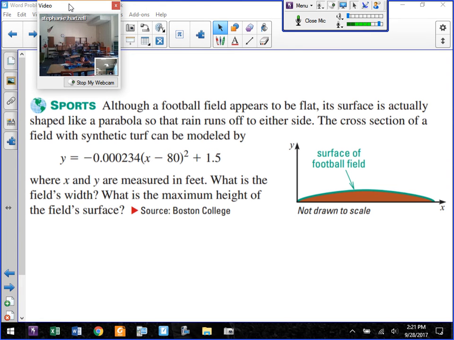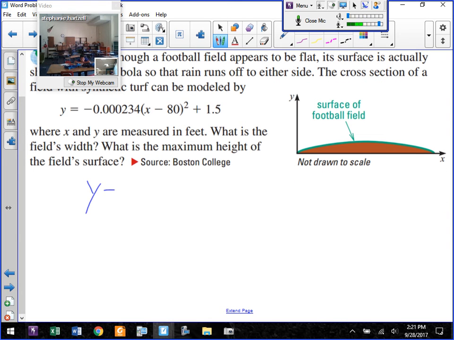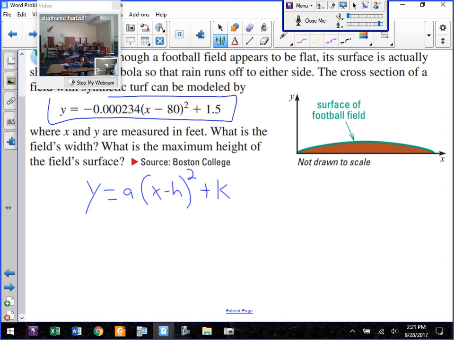So this is given to you in vertex form, Y equals A times X minus H, quantity squared, plus K. What do H and K stand for? X and Y. Now, what is located at H and K? The vertex. So according to this function, where's your vertex? Your vertex is at 80 and 1.5.